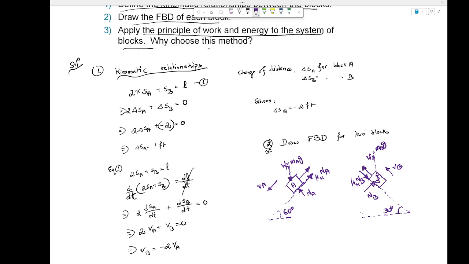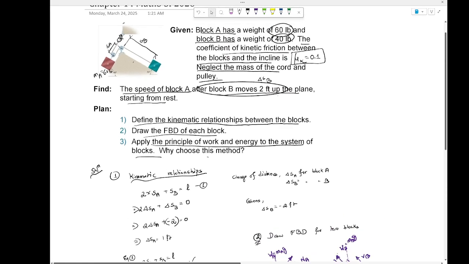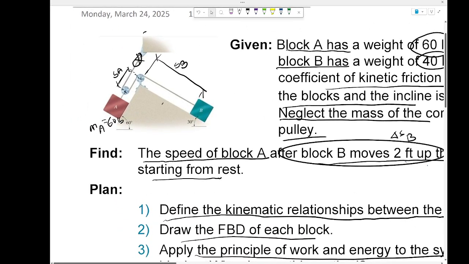Two things still I need to put in the block here. First of all, can anybody tell me what would be the tension force for block A? Okay, let me give you a clue. The tension force for block A here has something to do with the T tension, and the tension force of block B here has something to do with the T as well. Let's take a look here. So what would be the tension force for block A and block B?